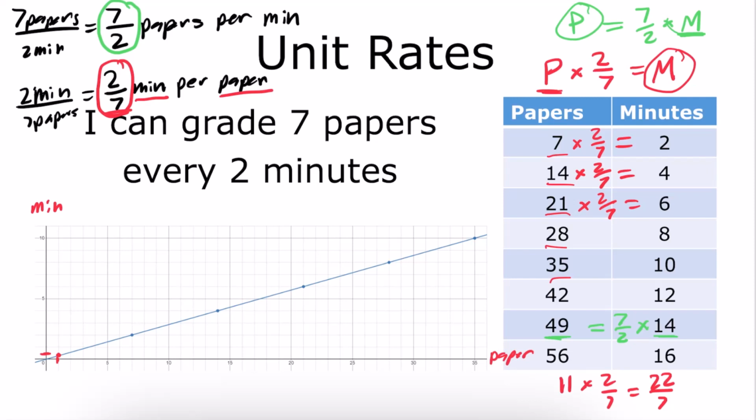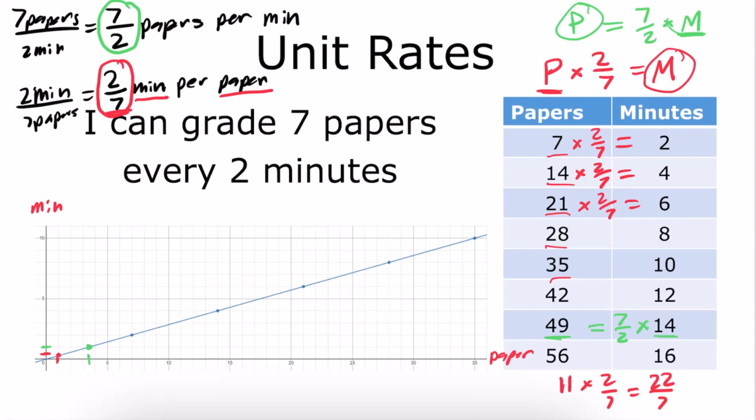So that shows up in the graph there. And so does this 7/2, because that would be this point right here. Oh, sorry, not actually that one. This one right here. Because that's saying if I have 1 minute, then that corresponds to 7/2 of a paper.